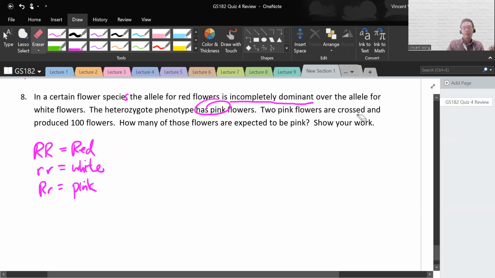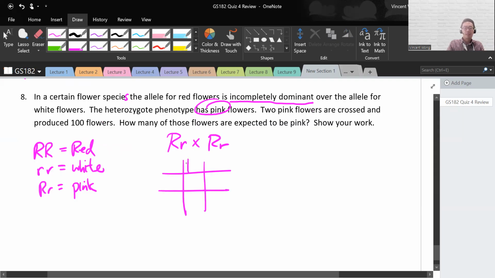2 pink flowers are crossed and produced 100 flowers. How many of those flowers are expected to be pink? So 2 pink flowers means we are taking big R, small r, and we're crossing it with another big R, small r.